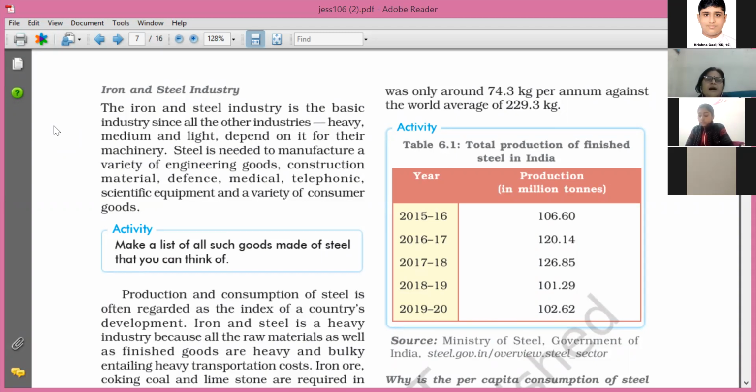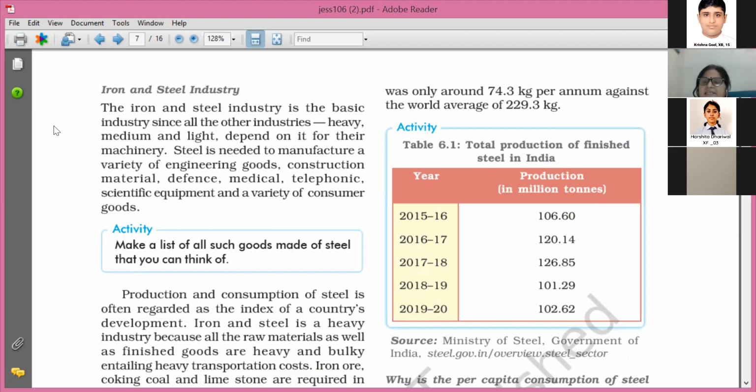Okay, so iron and steel industry is an important mineral based industry of our country. It is not only a mineral based industry, but it is also a basic industry, and it is also a heavy industry. Why is it a basic industry? Because its final product is used as a raw material by other industries.